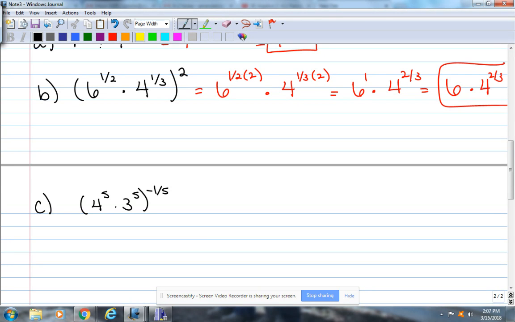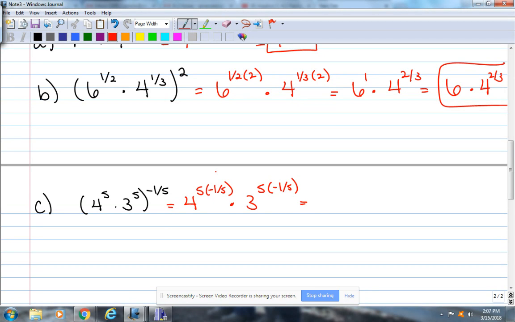So what's the first thing we have to do? Multiply all the exponents by the outside exponent, right? So it's going to be 4 to the 5 times negative 1/5 times 3 to the 5th power raised to the negative 1/5 power. That's a fifth, not a third.